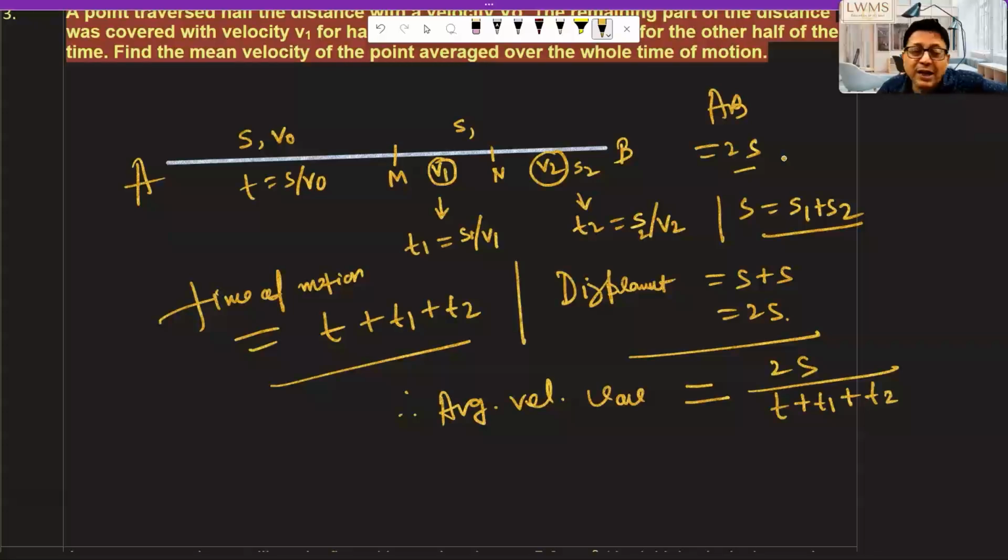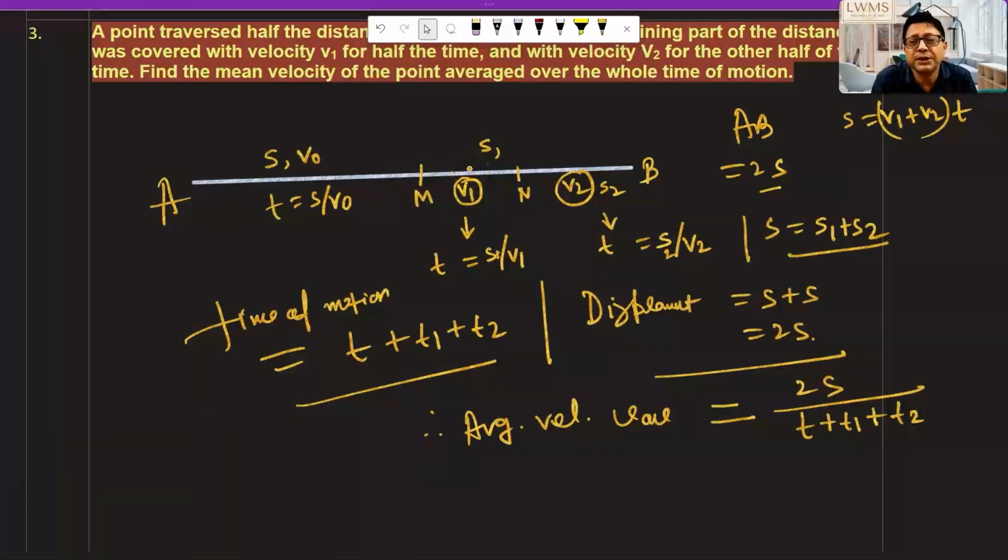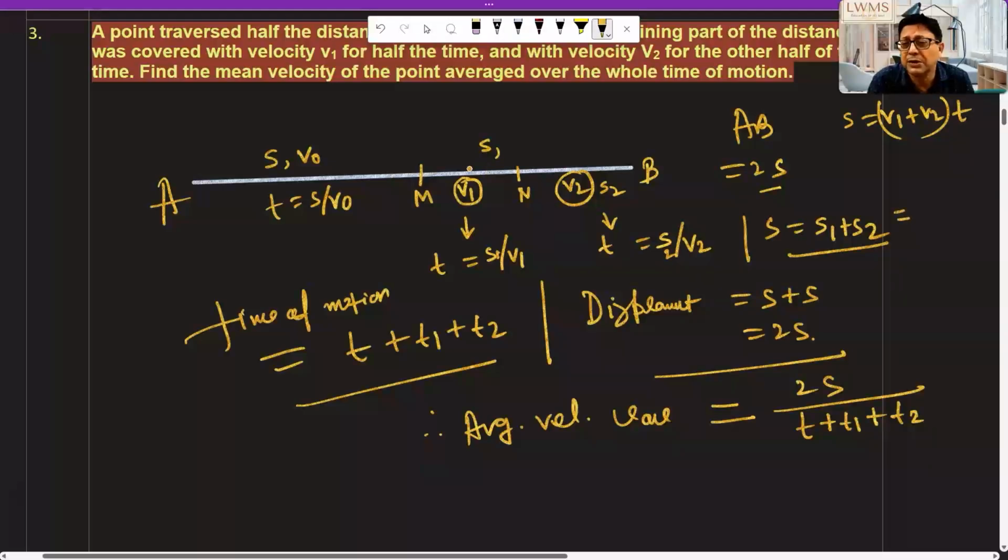Is it possible to find the distances s1, s2 from those times? You think and answer. You assume this time t and this one t, then s is equal to s1 plus s2. So s1 is what? v1 into t, and this is v2 into t. So s is equal to v1 plus v2 into t.